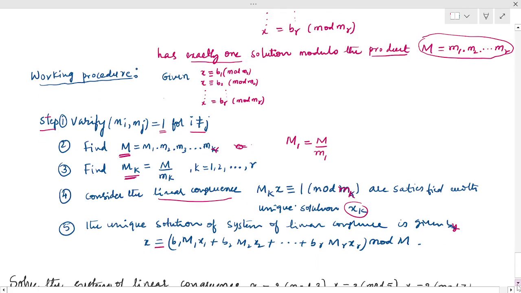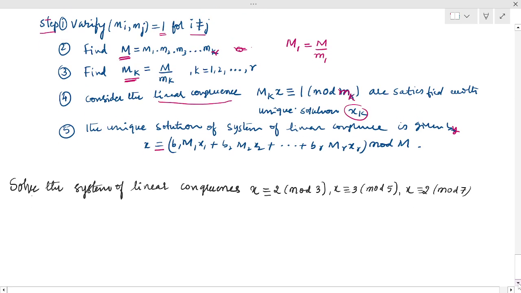So let us discuss one example based on this. Solve the system of linear congruences: x is congruent to 2 mod 3, x is congruent to 3 mod 5, and x is congruent to 2 mod 7.